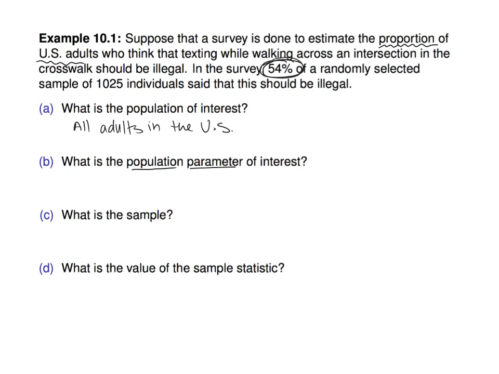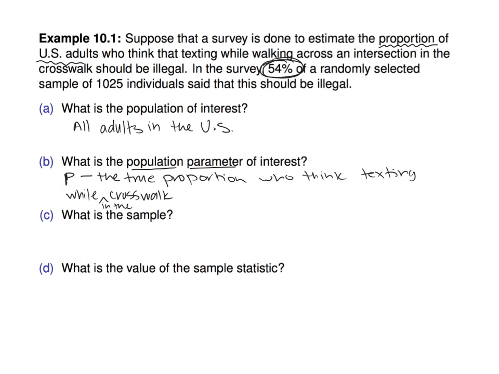So the population parameter of interest is P, which is the true proportion of U.S. adults who think texting while walking in the crosswalk should be illegal.